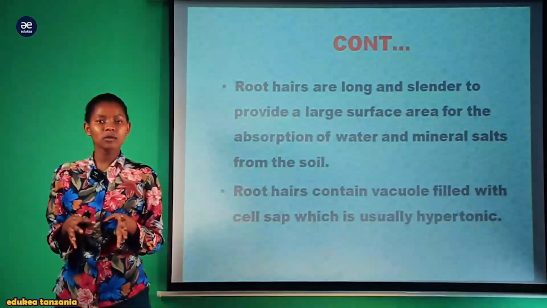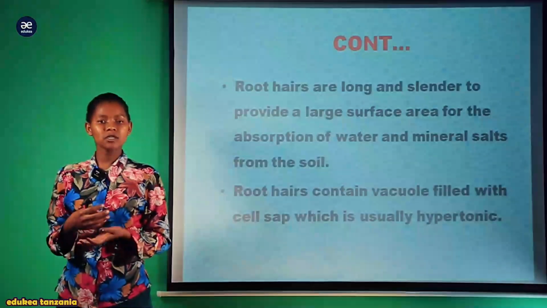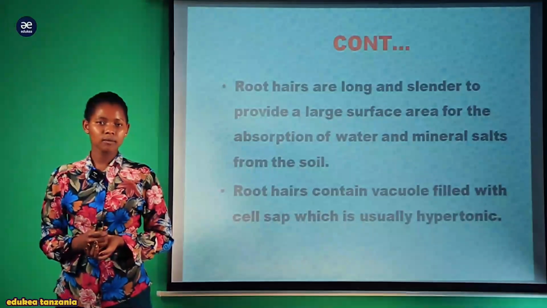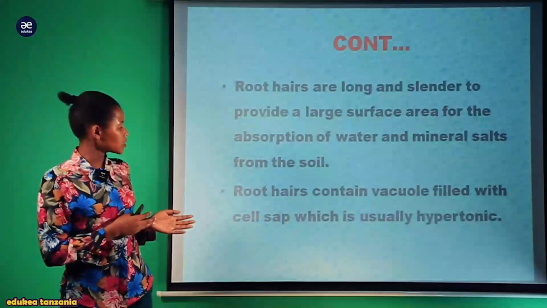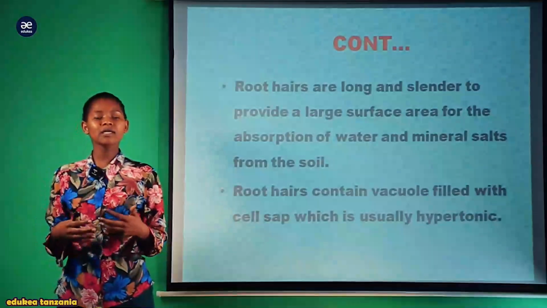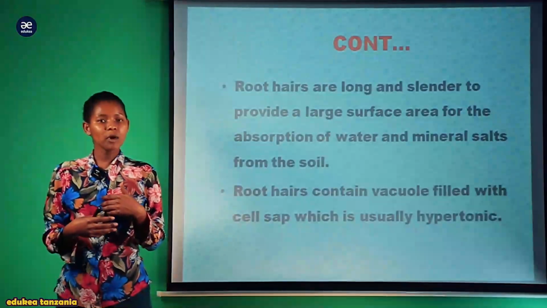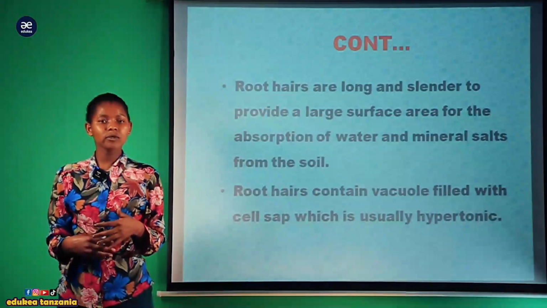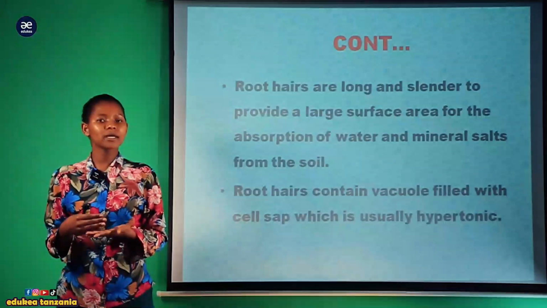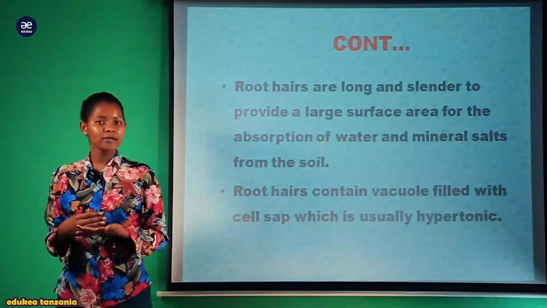Tunaita hypertonic tukimaanisha kwamba ina concentration kubwa ya solutes than water. So by being that way, inatuletea urahisi wa maji kutoka sehemu ambako kuna low concentration of solute kwenda kwenye region ambayo ina high concentration ya solute.